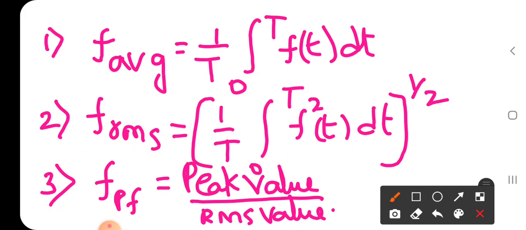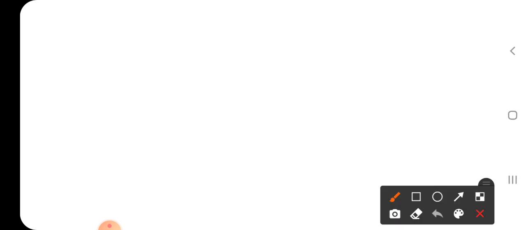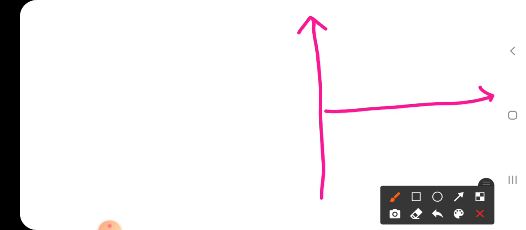So now let us see how to find these four. Whenever any function is given, first let us see when a sinusoidal function is given. Let it be this is the sinusoidal voltage.